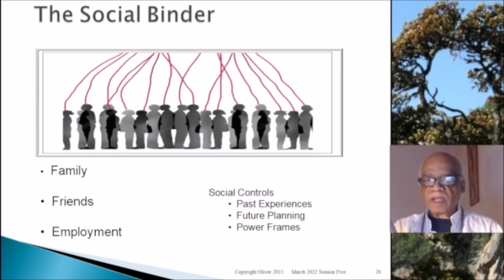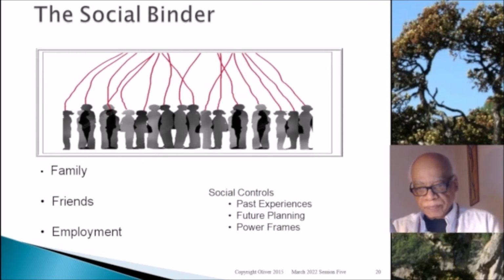They can create binders, things that will be limiting you. We've talked about power frames in the past, so what you can do is construct power frames to help neutralize any social bindings.